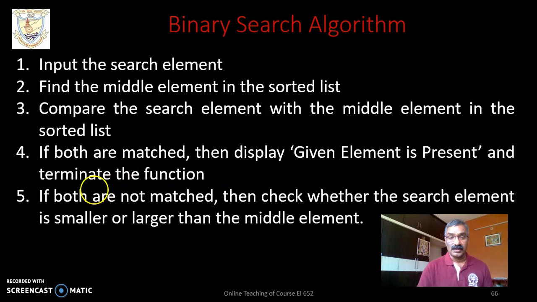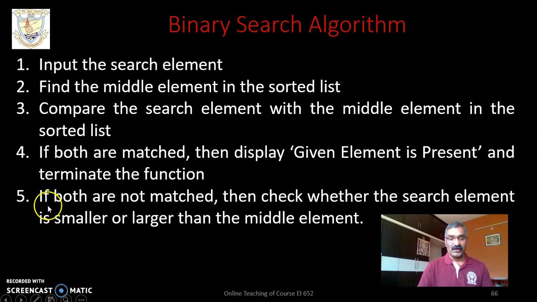Otherwise, what do we have to do? You check whether the search element is bigger or smaller than the middle element. If it is smaller than the middle element, then you go to the earlier half, the smaller half. If it is bigger, then go to the next half. Next half means the sublist which is present after the midpoint of the list.